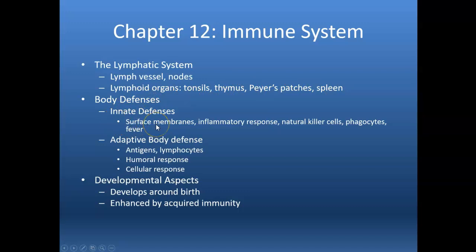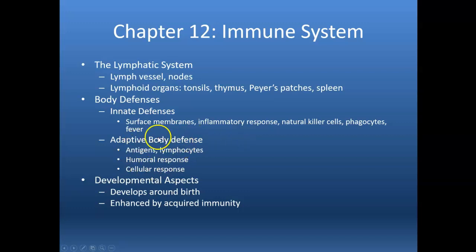These are the things that aren't specific to the antigen, they're just things that your body recognizes as not itself. Either it keeps it out with certain membranes and chemistry, or you have inflammatory responses, fevers, natural killer cells, phagocytic cells, that just clean up everything that doesn't belong to you.